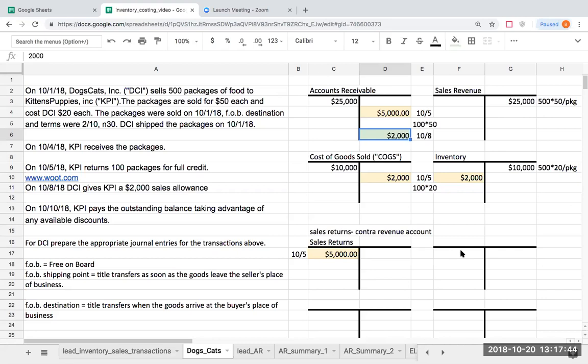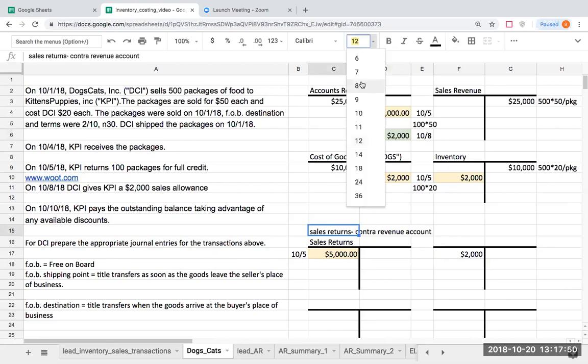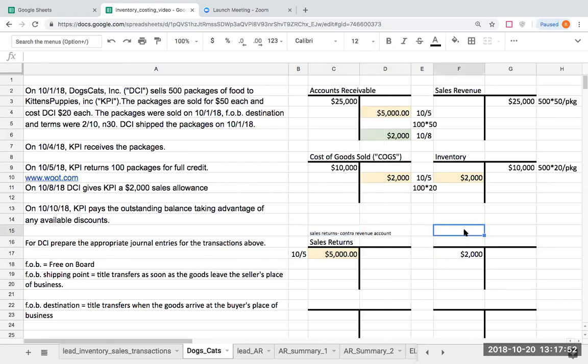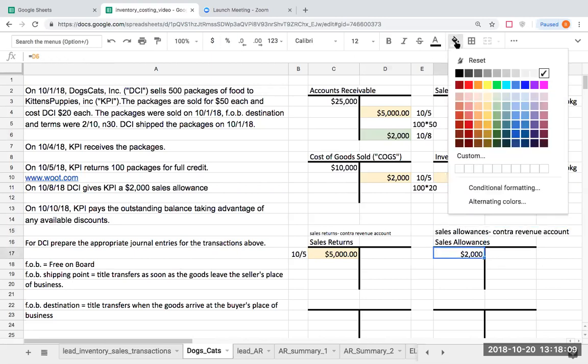I need a debit. What do I want to debit? The account that I'm going to debit is what we call sales allowances. And this is what we call a contra revenue account right here for $2,000.